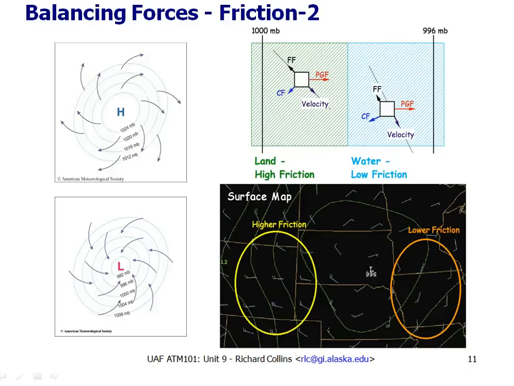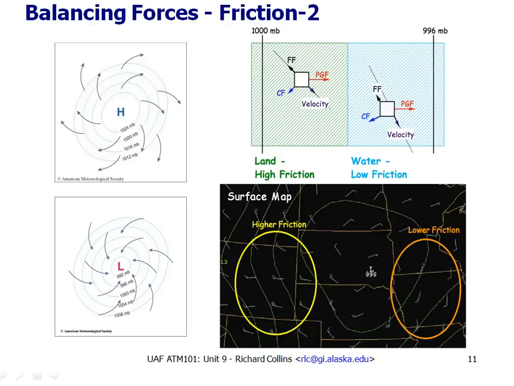We also see this in pressure and wind maps from the lower 48, where winds coming off the Rockies are at right angles. The wind barbs cross the isobars in Colorado on the left, and on the right over Iowa there's lower friction and the wind barbs are parallel to the isobars, and so the direction of wind changes as the friction surface changes.